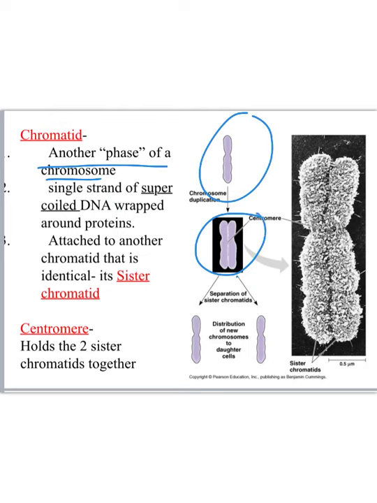And this is what gives our chromosome that X kind of appearance when it's actively dividing, because it has one sister chromatid over here and has another sister chromatid over here. The important thing for you to remember about chromatids or sister chromatids is that they are identical genetic information.